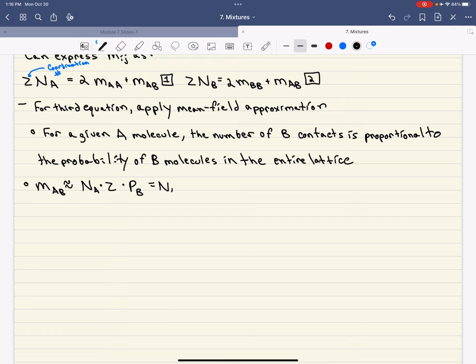We can describe that probability as NB over N. Here, I'm going to make a couple of substitutions. For NB, from a material balance, we know that's just equal to N minus NA. The other thing I'm going to do is multiply the equation by N over N, so multiply by 1. The reason for doing that is that it allows me to rearrange the equation like this.